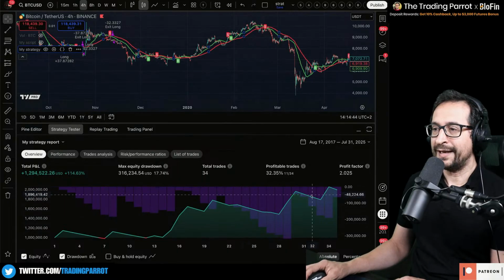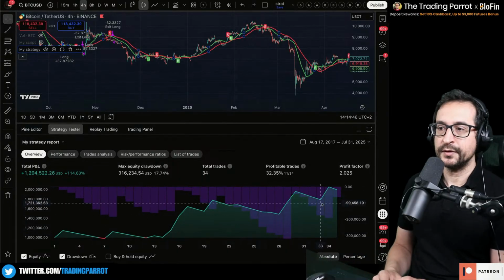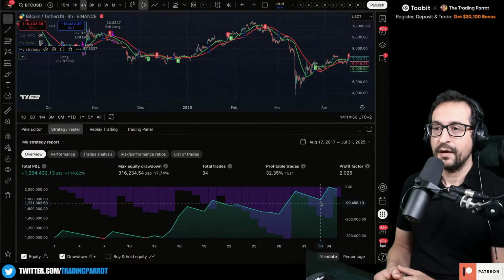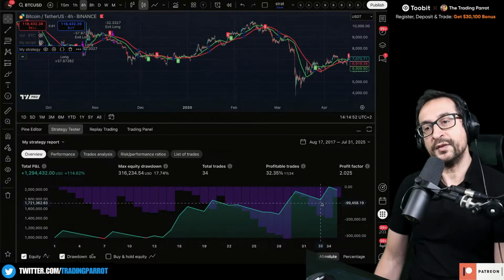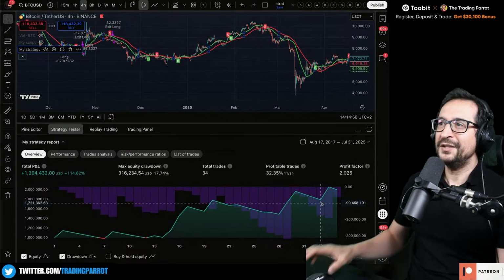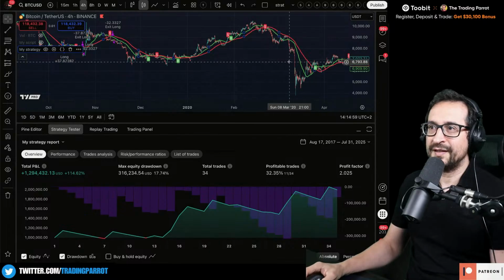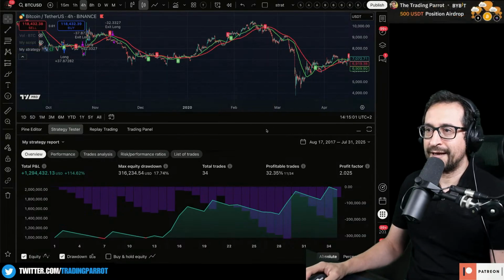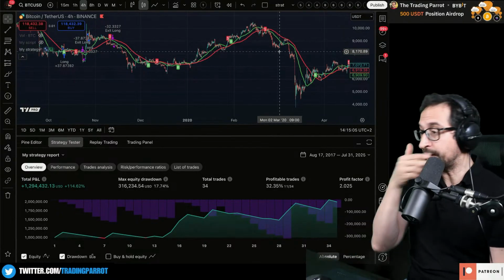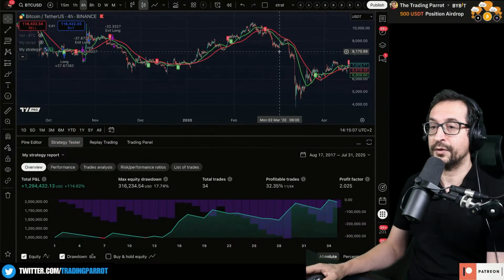And that's why I like doing these things on Python, because then I can use optimization. And some people might say you can do optimization on Pinescript. No, you can get close to do optimization on Pinescript, and actually it's against the terms and conditions of TradingView. So if you do it, be careful because they might close down your account.